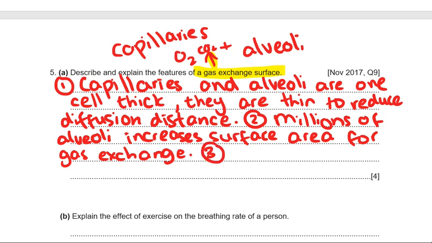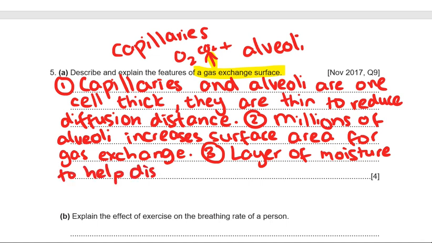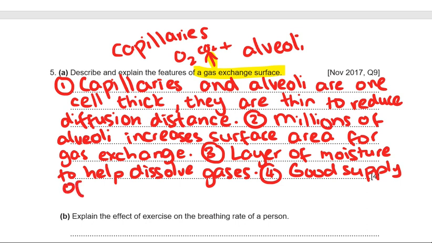Third point here is the fact that you have a layer of moisture. We also have a good supply of blood from capillaries.